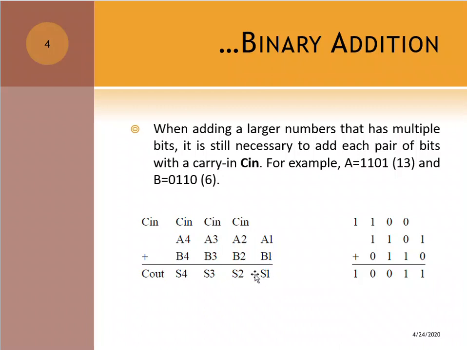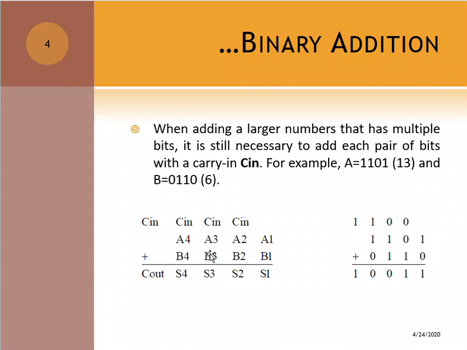Then we are going to have C in that will be carried forward to the next part. Then we add C in with the second bit of A and second bit of B, and we get S2, sum 2. Then bring the C in to the next part.